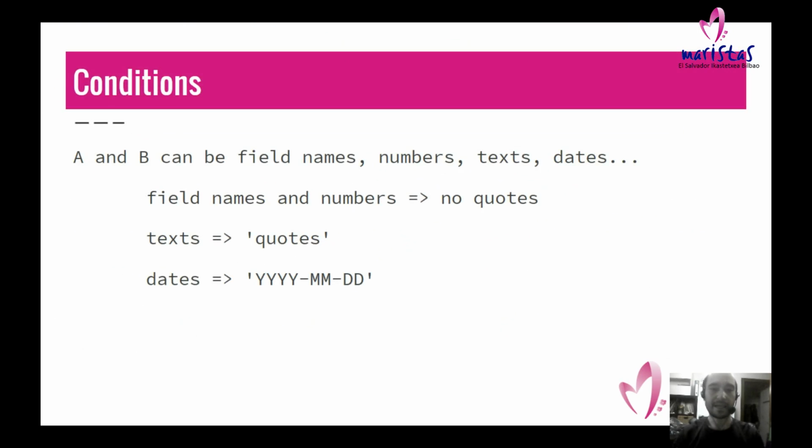Okay, A and B can be field names, they can be numbers, they can be texts, they can be dates, okay? And we need to know that field names and numbers are going to be written without quotes, okay? But texts are going to be written with simple quotes, and dates with simple quotes, and in this format, right? Year with 4 numbers, month, and day.